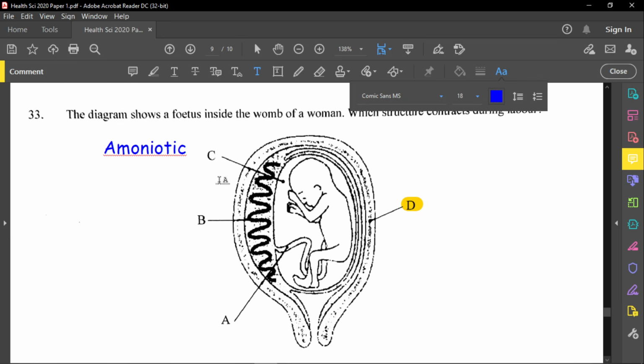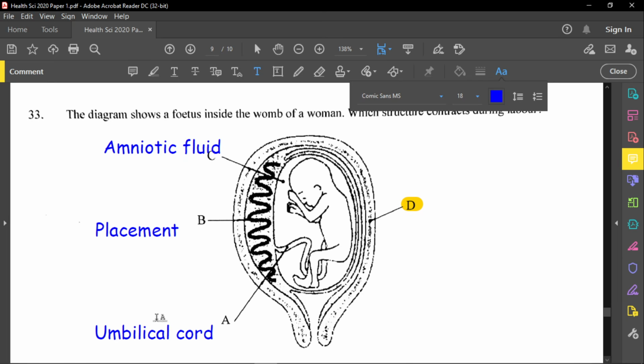And B here will be the placenta. This is where the nutrients pass from into the fetus, and it also receives the waste from the fetus. And A here will be the umbilical cord.